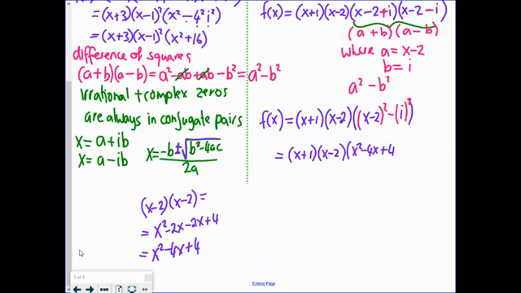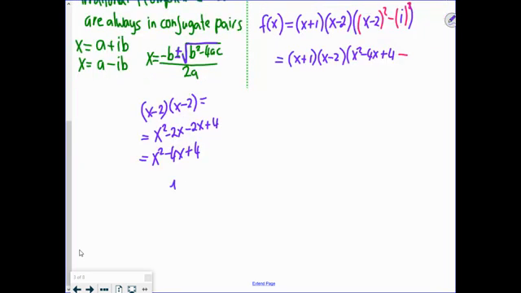That was just your a squared. Then you've got the minus sign. Then you've got i squared. And remember that i equals the square root of negative 1. So i squared equals the square root of negative 1 squared, which simply equals negative 1.